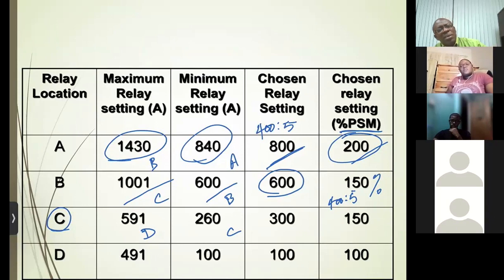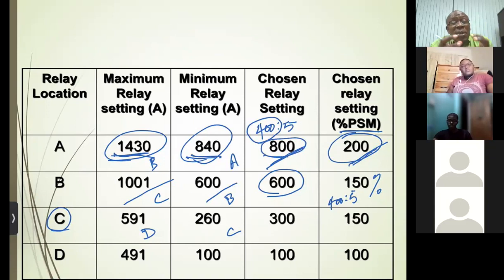So if we are setting based on the primary, we want it between 1430 and 840. But with a 400 to 5 CT, there is no such setting on the relay. So the only setting we have would be the 200% times the 400, which gives us 800 amperes. So the setting on the relay would be 800.